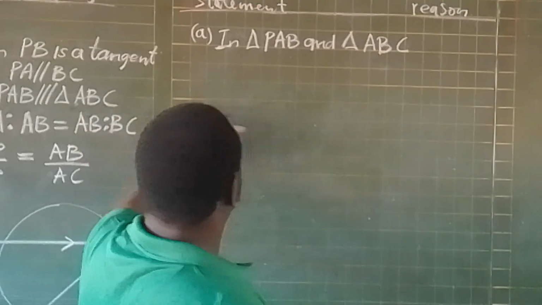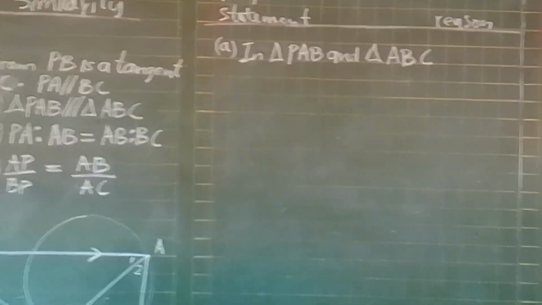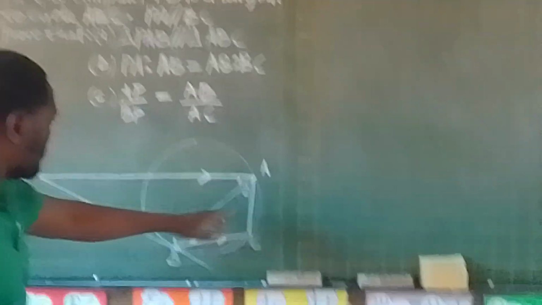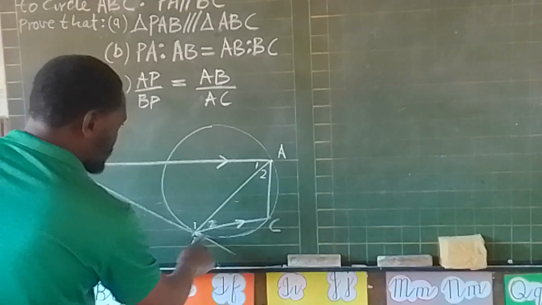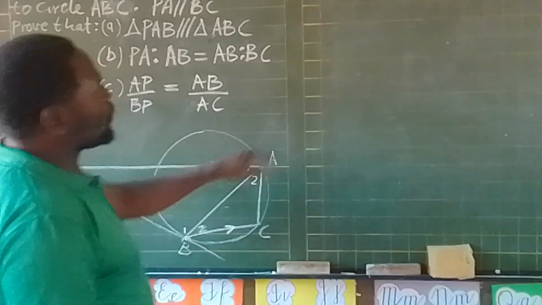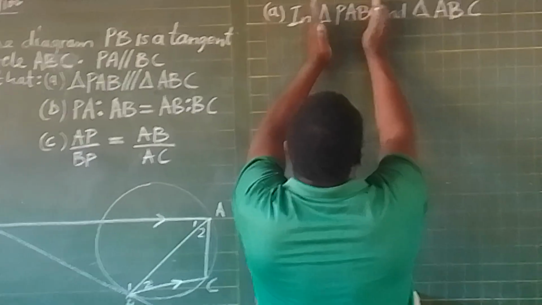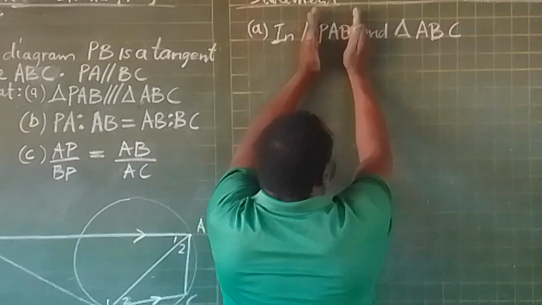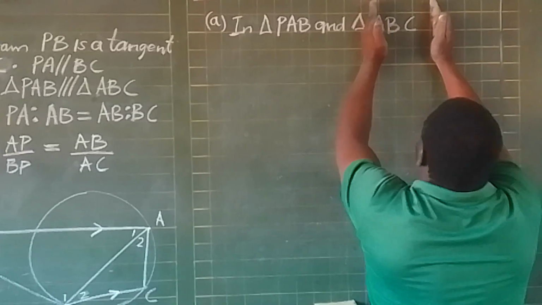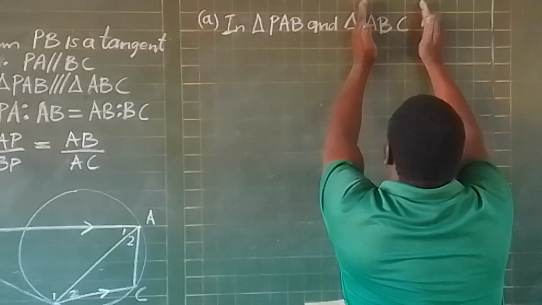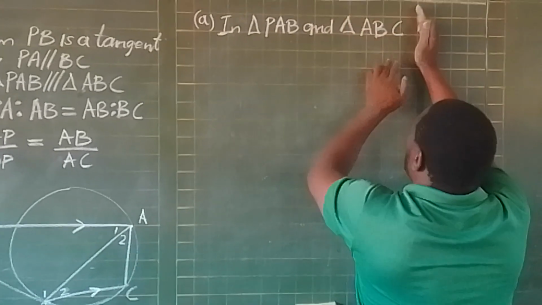So you say you are given that this is parallel to that. You can see that this is alternate. I told you before to try to put everything that belongs to PAB on the same side as the angles that belong to ABC.